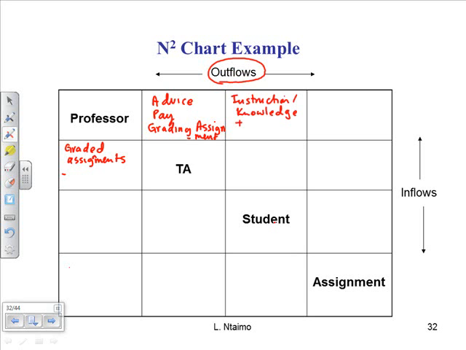This is, again, can teach. We're talking about teaching. And what does the student give back in return? The student can give attention, the student can ask questions, the student can give feedback, and so on.